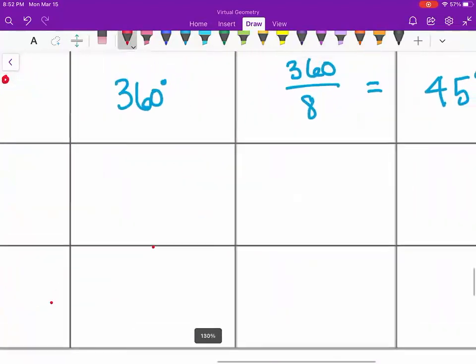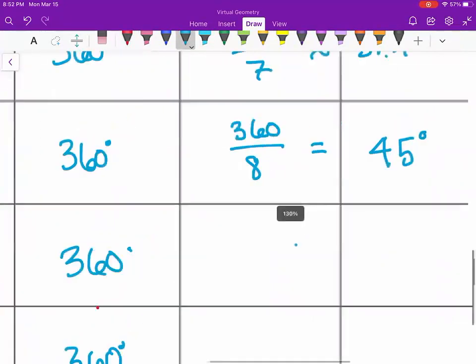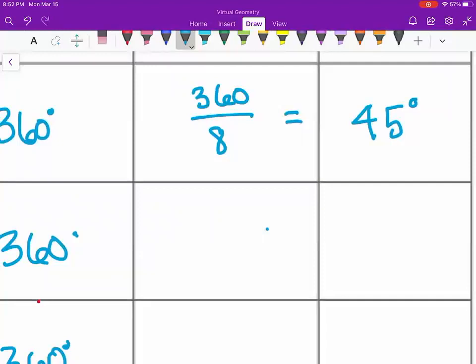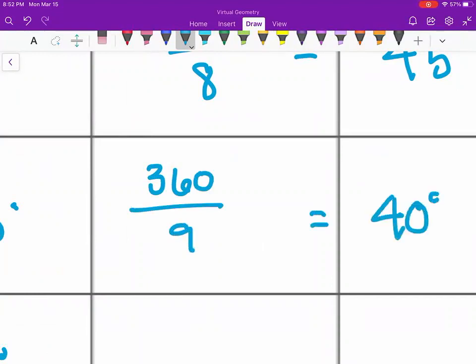Oh, sorry, forgot my last 2 columns here. For both of these, the nonagon and the decagon, let's do the exterior. If we finish up this row right here for nonagon, we'll take that same 360 and divide it by 9, which means each exterior would be 40.